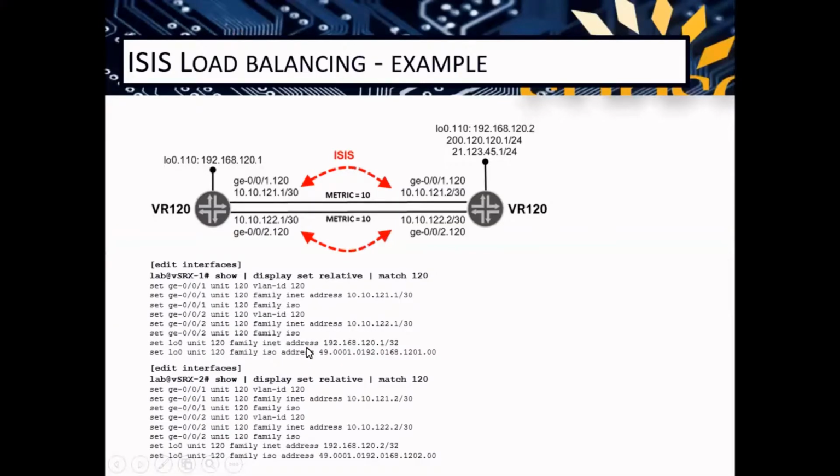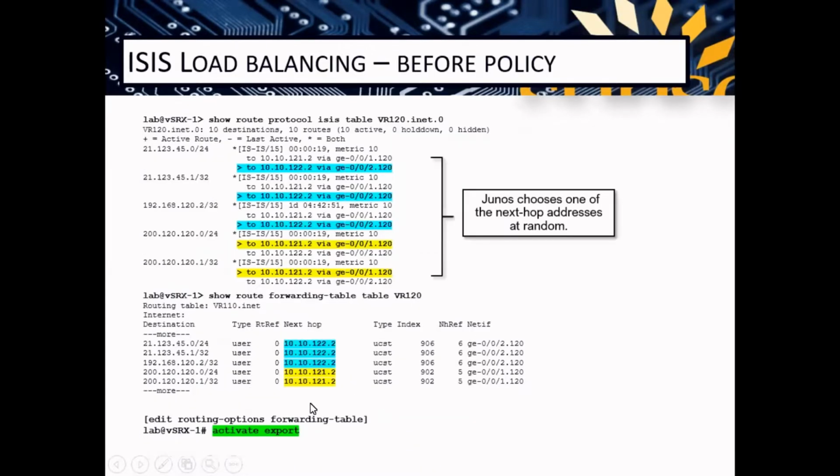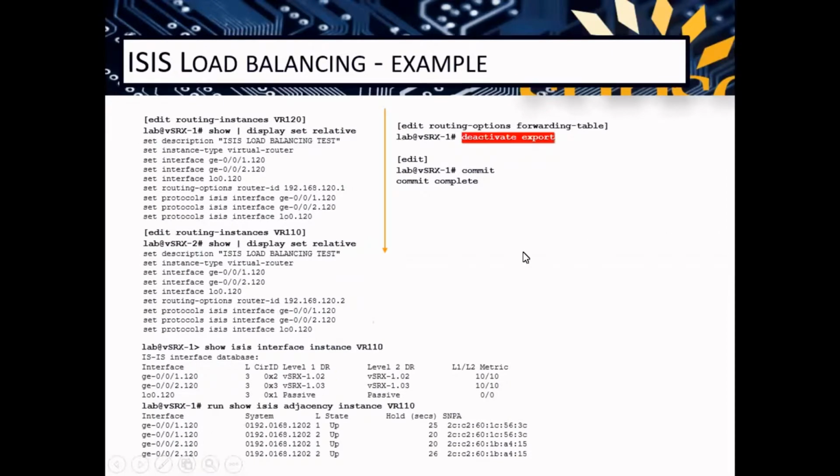ISIS is very similar. I built a similar topology. It has the loopback with the ISO address. So what I did is, since I had the policy activated before, I deactivated the policy so that you can see the difference.